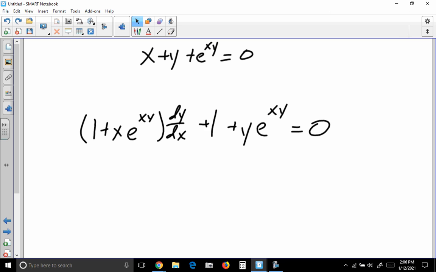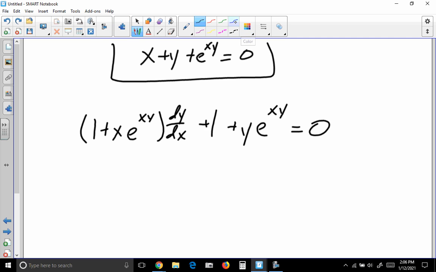Let's check another one. Let's check this one and see if this is a solution to the bottom differential equation. And this would be implicit because it's not solved for x or y. So if we take the derivative with respect to x of that implicit equation, the derivative of x is 1. The derivative of y with respect to x is dy dx.